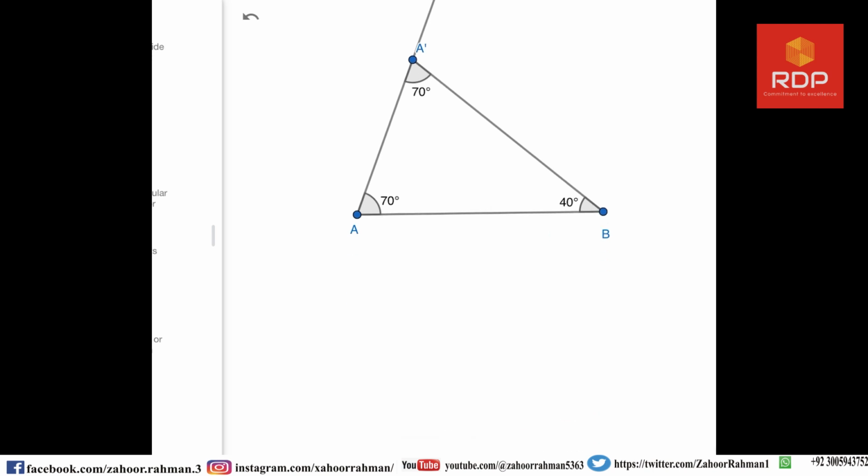Now ladies and gentlemen, let us move our focus to part number third. In part number third, they are saying that angle A is 60 and angle B is 60. So first I am drawing two points, and that is C and D. Let's begin it from the scratch.